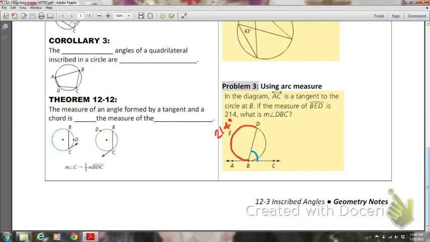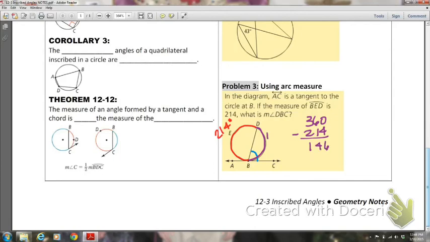What you have to use is the fact that the whole circle has 360 degrees. So in order to get the arc that angle DBC is intercepting, you subtract 214 from 360, and you get 146.